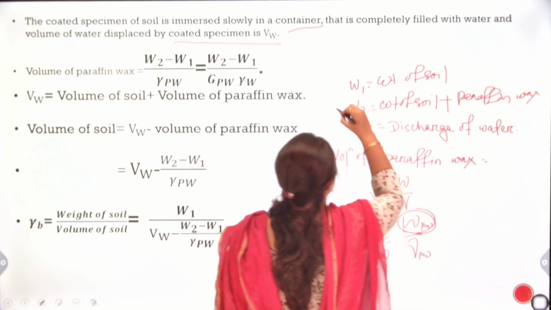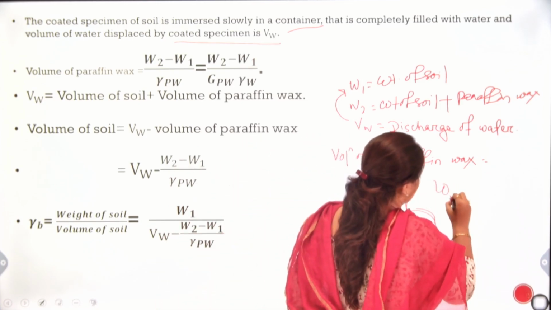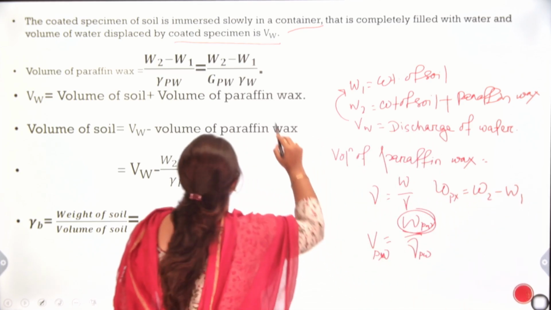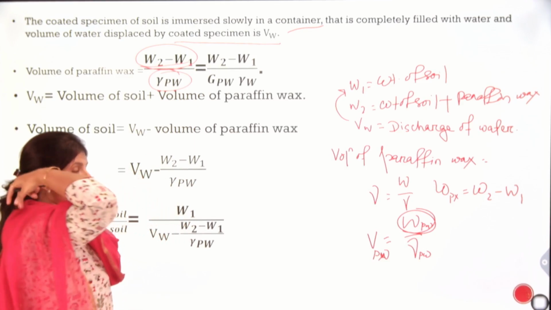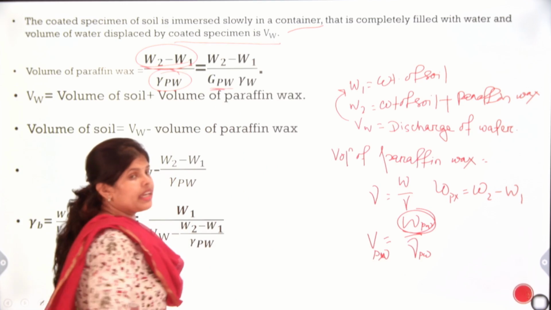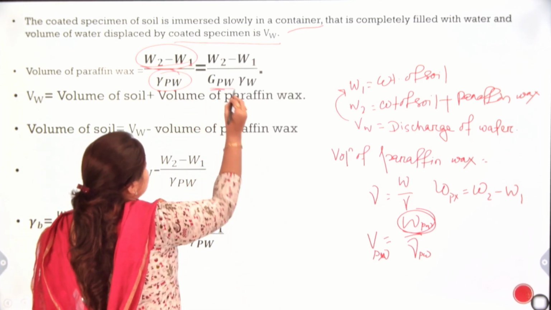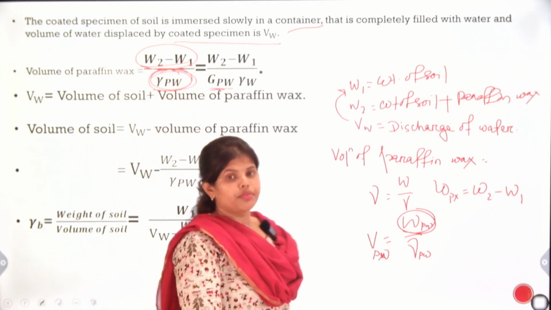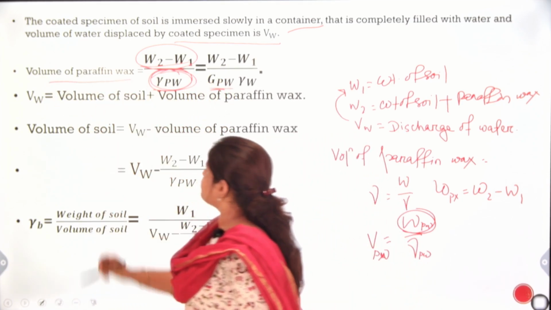So if we subtract W2 minus W1, we will get WPW, right? Upon gamma PW. If we have the specific gravity of paraffin wax, then we calculate GPW into gamma W as the gamma of paraffin wax. Okay, so by this way we have the volume of paraffin wax.